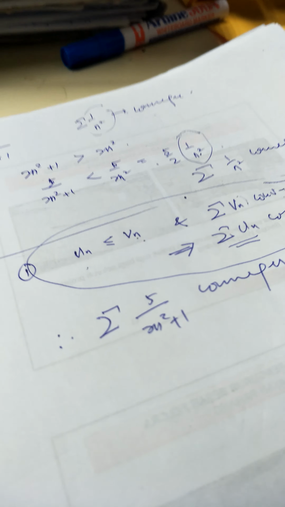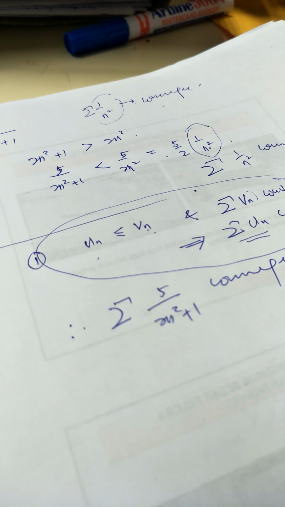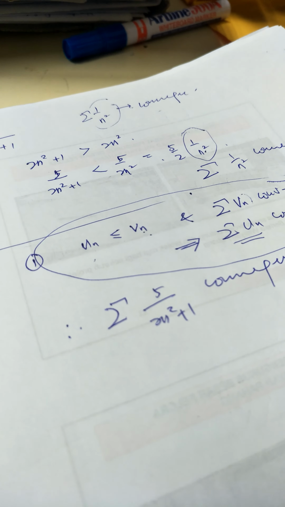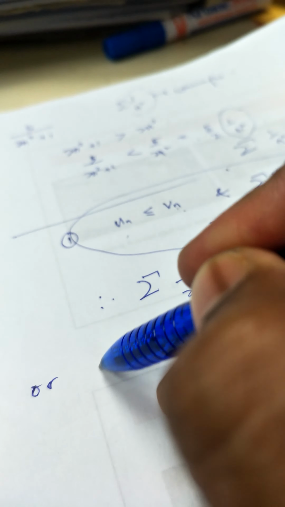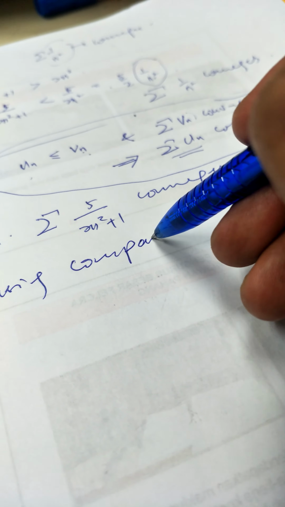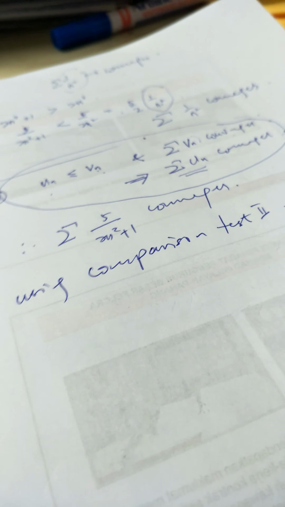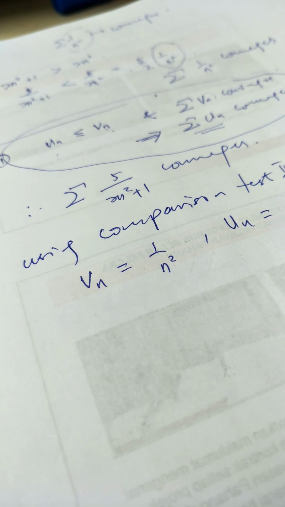If you use comparison test 2, take vn as 1 over n squared and un as 5 over 2n squared plus 1.